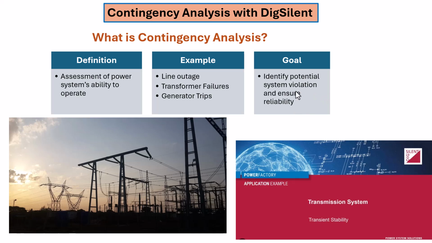So these are some of the things that can happen, and if they can happen, then you need to plan by running contingency analysis. The goal here is to proactively identify weak points in your system and ensure that the system can operate effectively and reliably under these conditions.